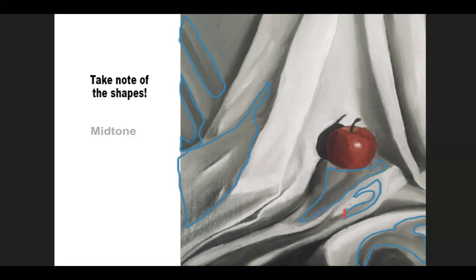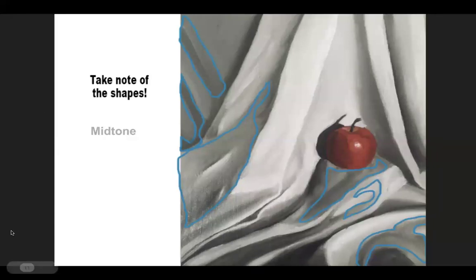If I look at this shape, it looks kind of like a hook. This shape down here almost looks like a bird, right? So this way I can demystify what I'm looking at and I can break it down into some basic shapes and start drawing them.